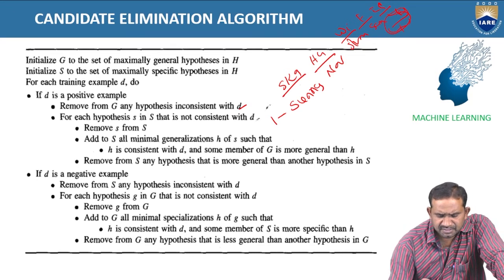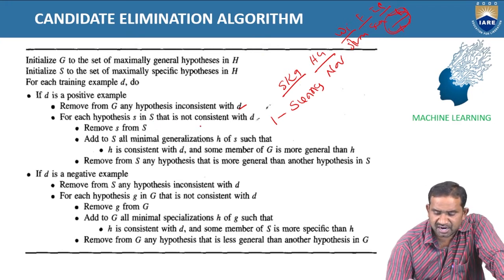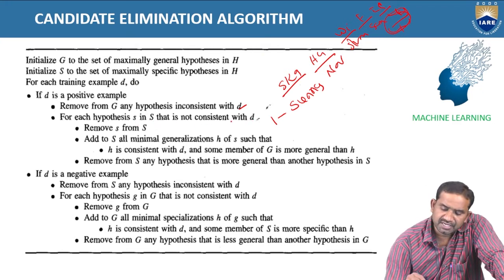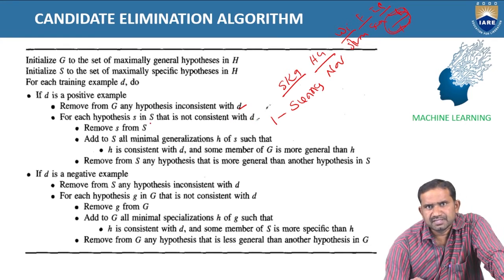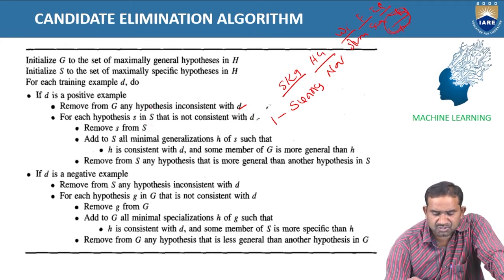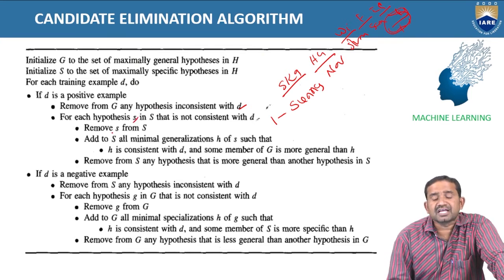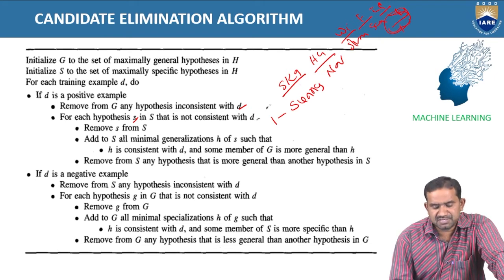Next, for each hypothesis s in S that is not consistent with D, we also remove it from the specific hypotheses.